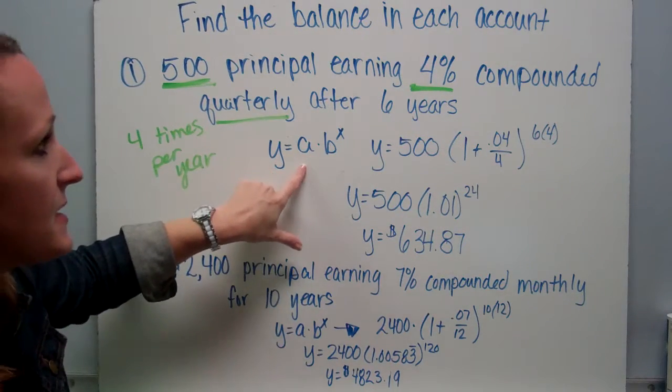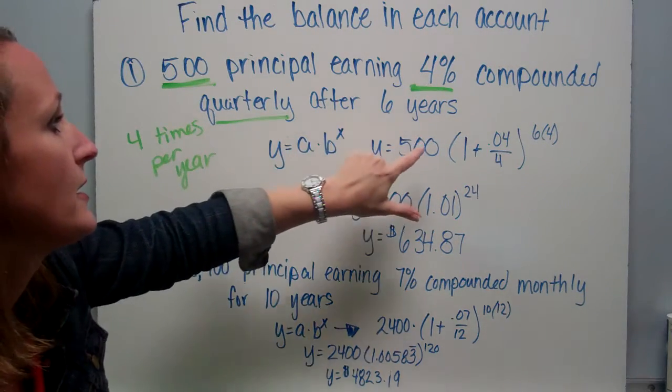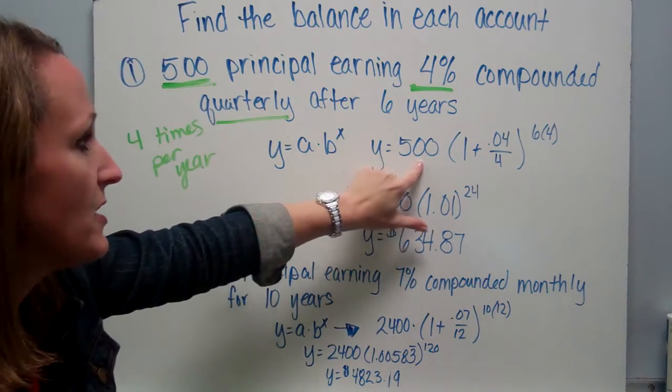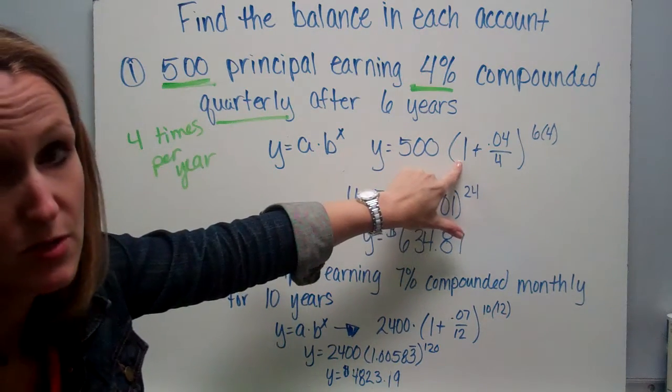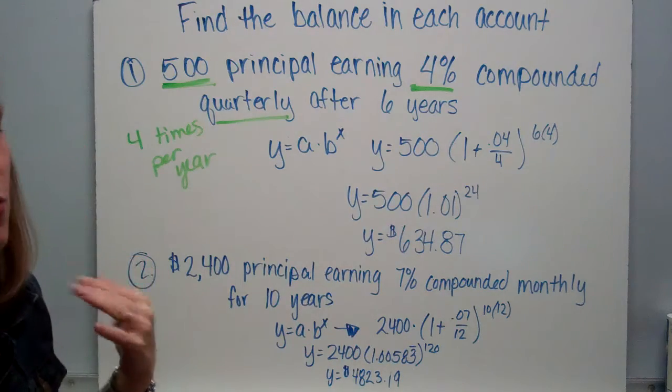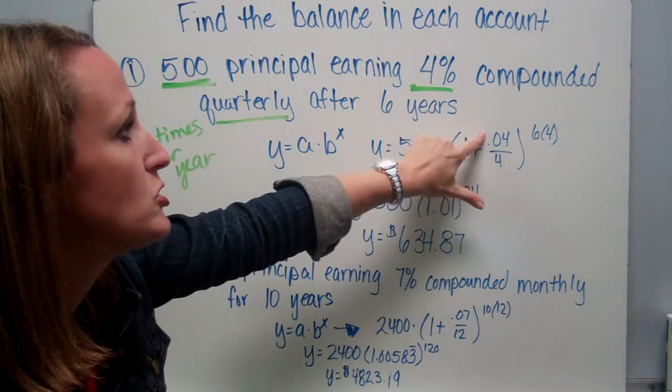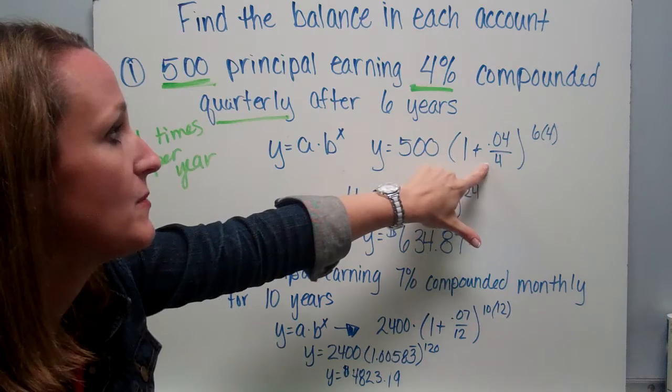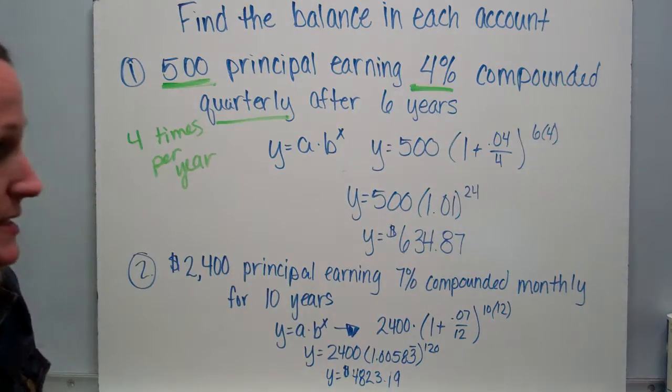So here's our same basic formula. Here's our starting amount. Our A value is 500. Remember, here's our 1 for 100%, plus it's going to be quarterly. So we're taking our interest rate, 4%, and dividing it by 4, just like I did in my chart.